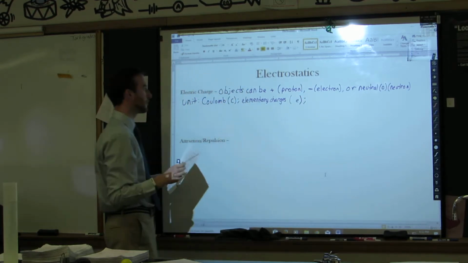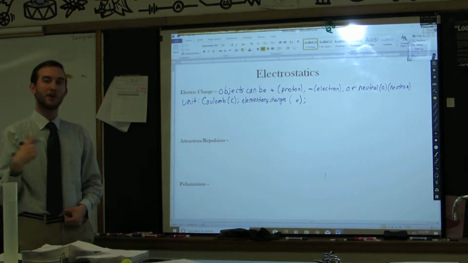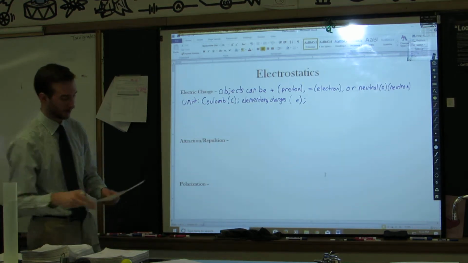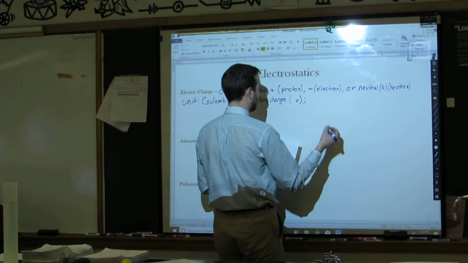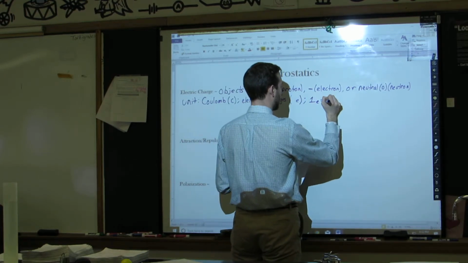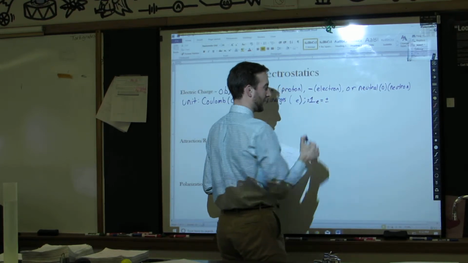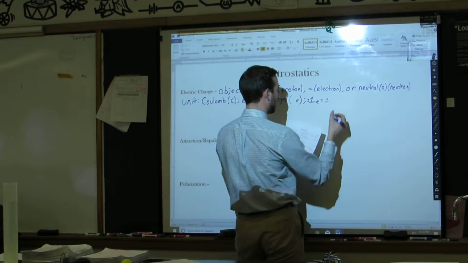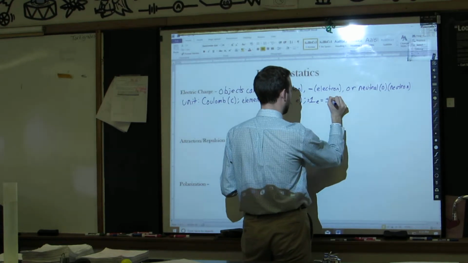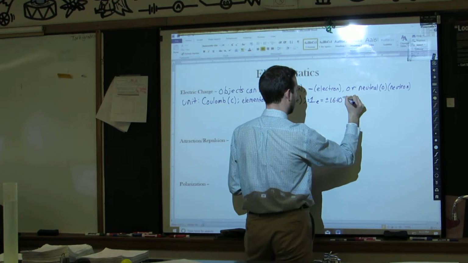The relationship between the two: sometimes we talk about coulombs when we have a lot of charge, and sometimes if we don't have a lot of charge, we talk about elementary charges. 1e is equal to plus or minus 1.6 times 10 to the negative 19th coulombs.